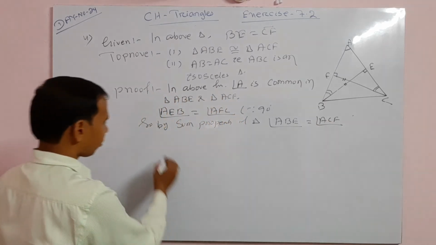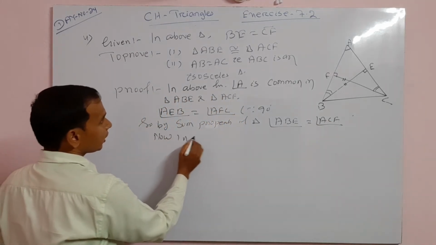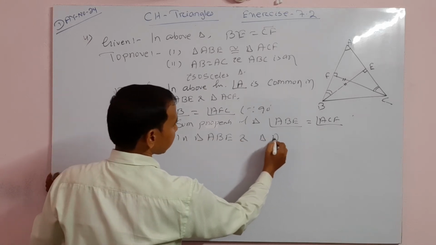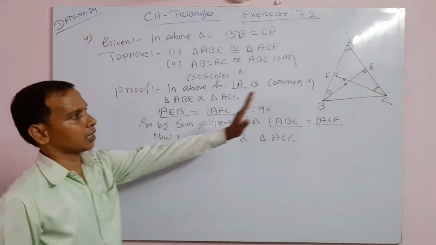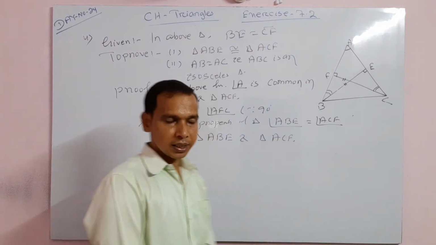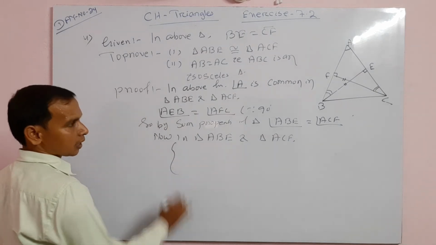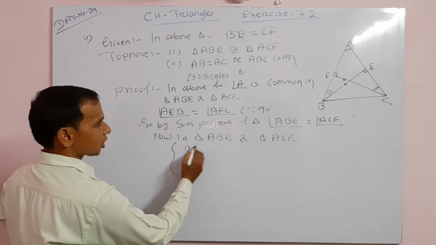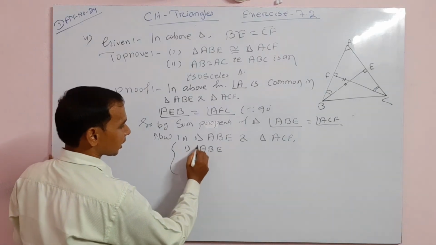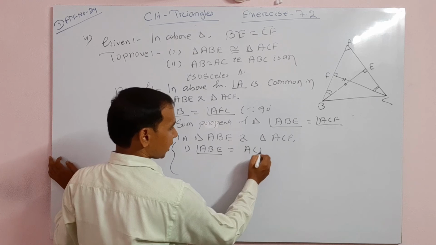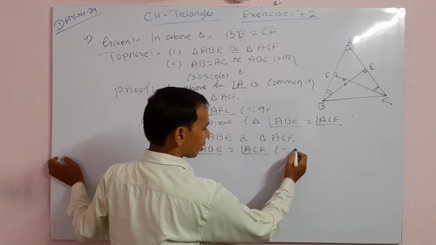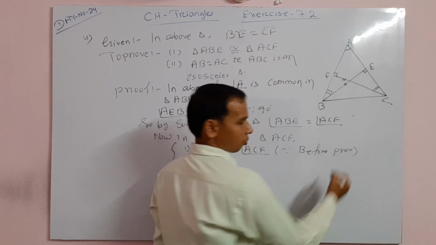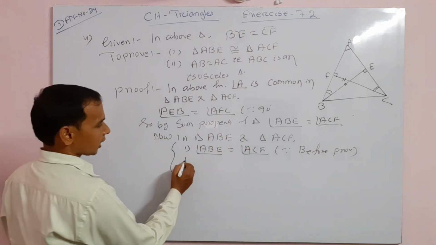Understand this? Now, in triangle ABE and triangle ACF, in these two triangles, first option here, ABE angle is equal with ACF angle because of the before proof.